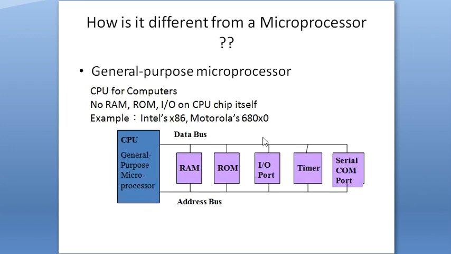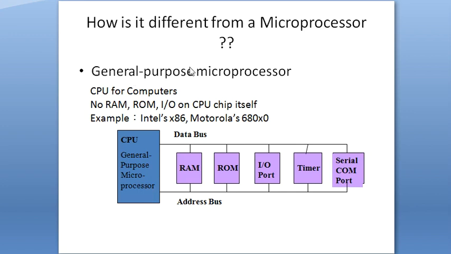Then how does a microcontroller differ from a microprocessor? Microprocessor is meant for general purpose, so you can have different applications on it. You can redesign your microprocessor so that it can be taken for any other application, whereas a microcontroller is meant for a particular fixed application.